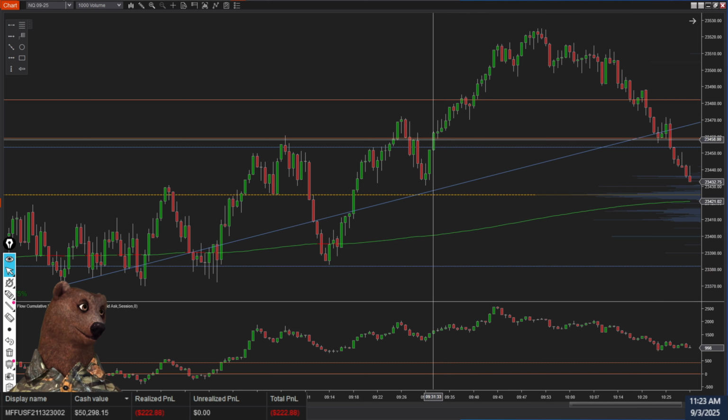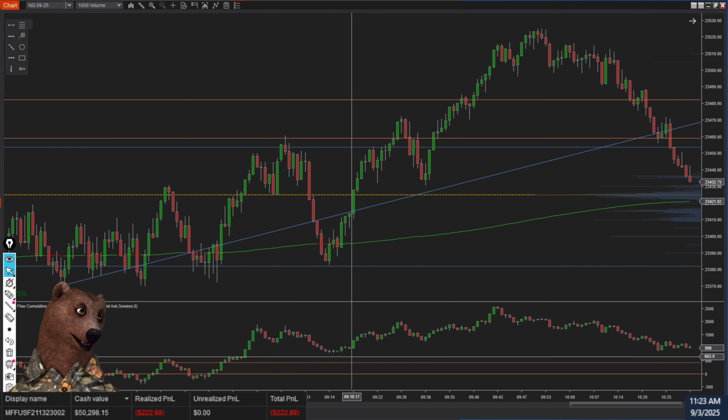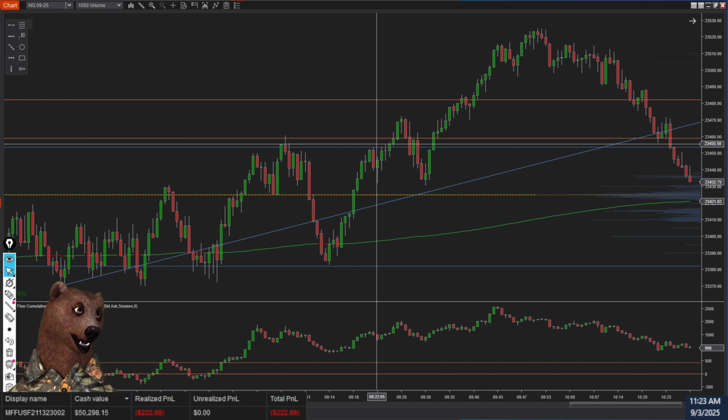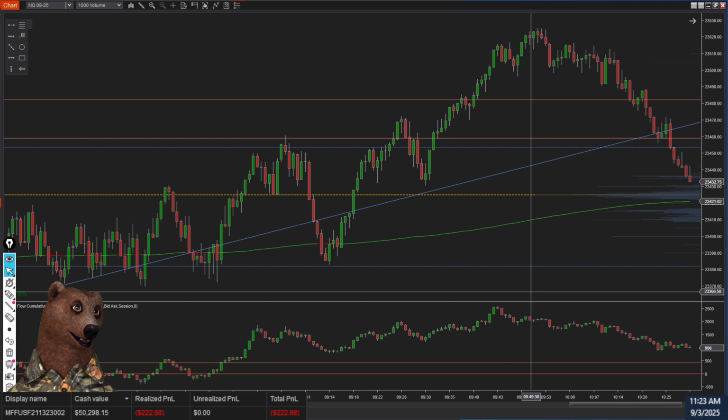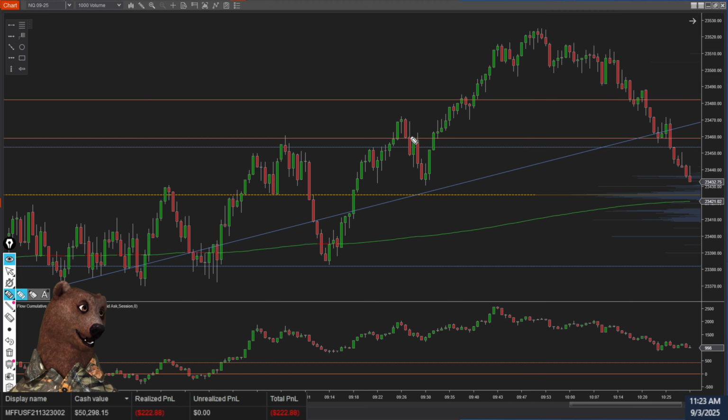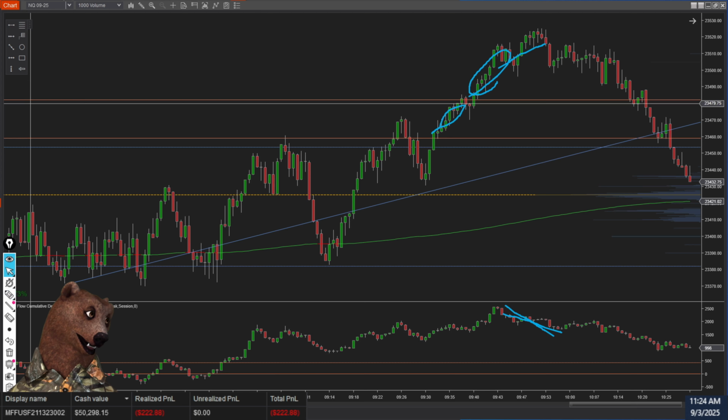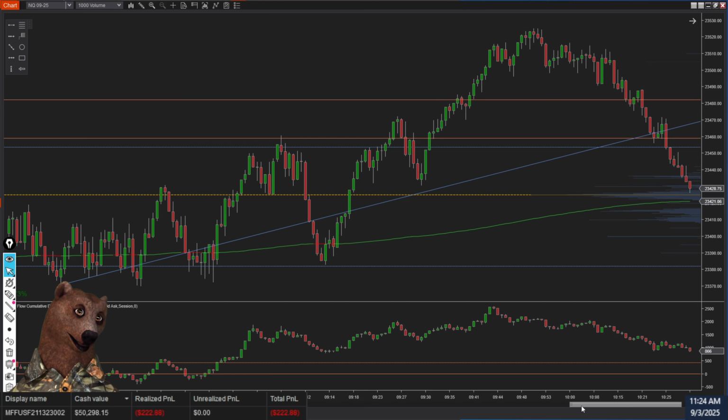But yeah, so we can just see here how Delta's been holding very bullish, very bullish. This move up, one thing I would note is as price was moving up here, particularly in this move, as we broke higher here, look at Delta starts moving down. Price is moving up, Delta's moving down. That's Delta divergence. If I was a better trader, I would have taken a short on that, but I just didn't have the mental capacity to take another one, so I just didn't do it.